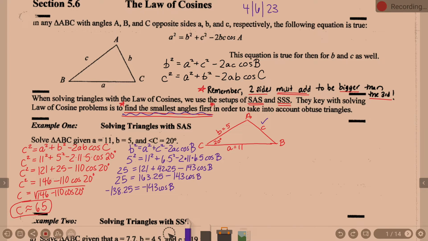What's my next step in getting b by itself? We're working to get cosine b by itself, so we're going to divide by negative 143. I'll do that in a separate step. When we do negative 138.25 divided by negative 143, I'm guessing it's going to come up a not fun decimal.